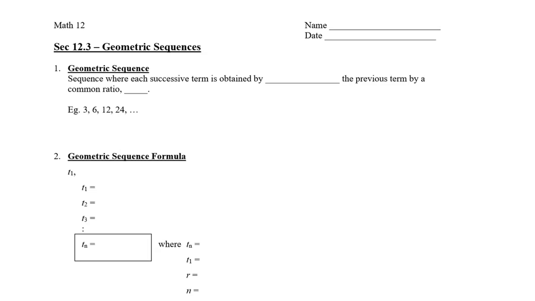All right, so to start, a geometric sequence is where each successive term is obtained by multiplying the previous term by a common ratio, which we will denote with the letter R. So if you take a look at the sequence here, we can find R, the ratio, by going 6 divided by 3, so the second term divided by the first term.